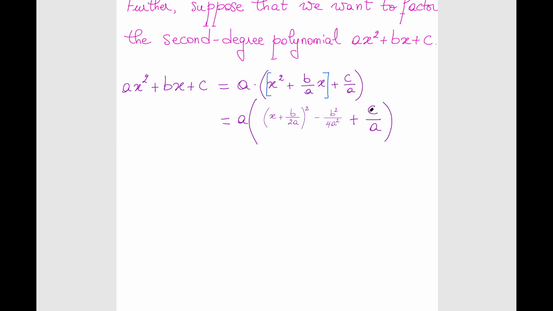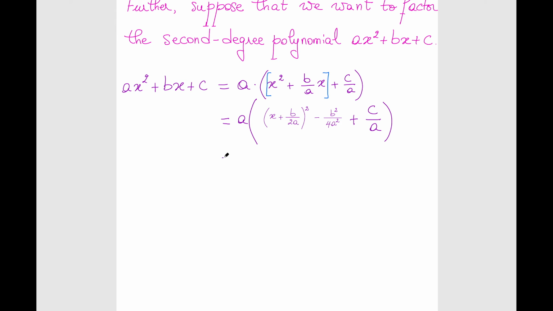How about we combine the last two quotients by making the same denominator here. And what's the same denominator between 4a squared and a? How about 4a squared, right? That guy would be the same denominator between 4a squared and a. So we're going to rewrite a as 4a squared. That's the idea, right?